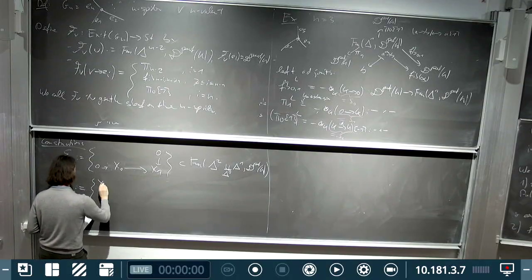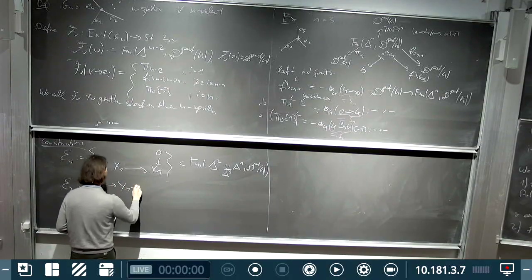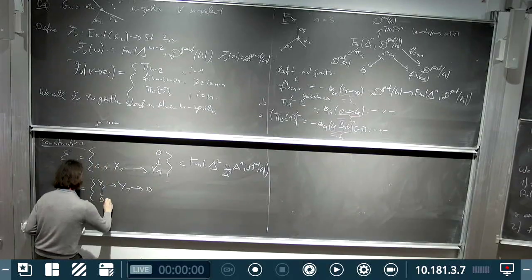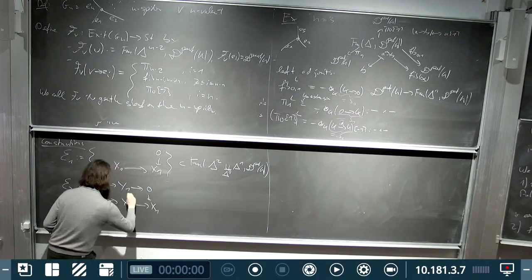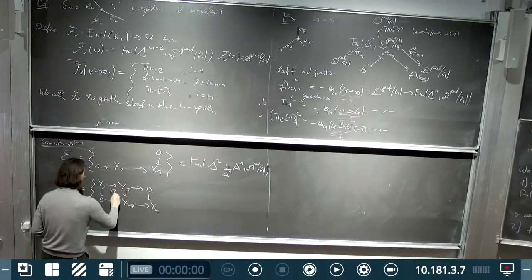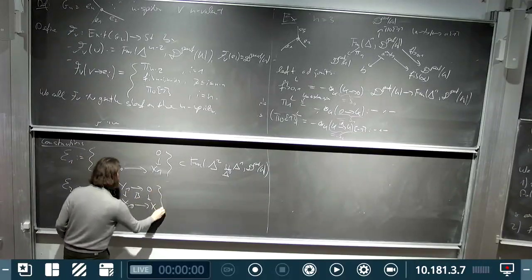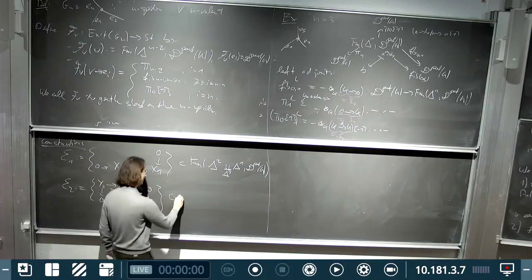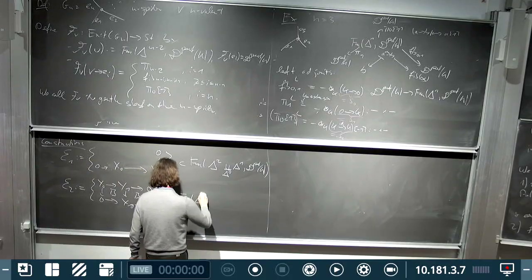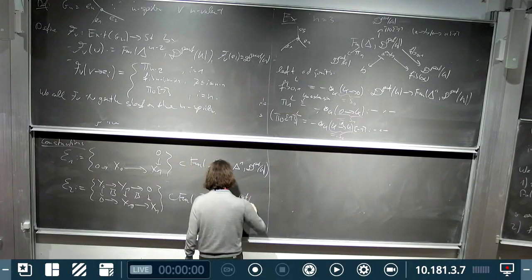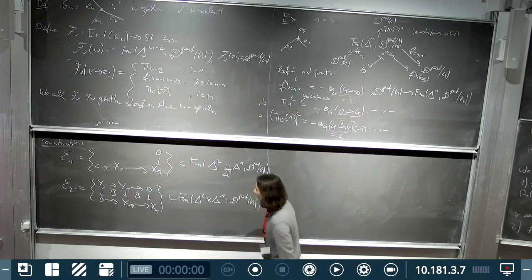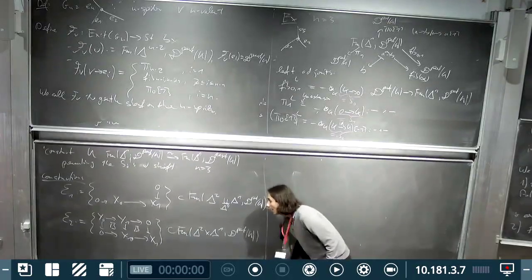And the second category is defined as follows. You have Y0 goes to Y1, goes to 0, goes to 0, goes to X1, goes to X0, and you require that both squares are bicartesian. And this lives inside of functors from Delta^2 times Delta^1 to Dperf k.